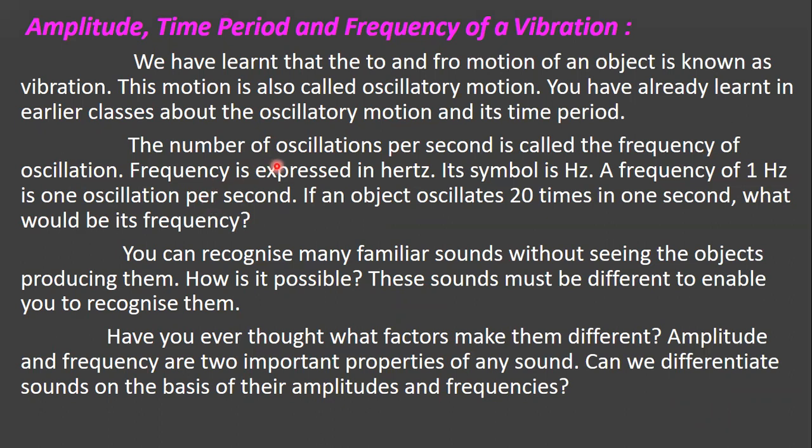See, children, the to and fro motion of an object is called vibration, and this motion is called oscillatory motion. The number of oscillations per second is called the frequency of oscillation, and this frequency is expressed in hertz.